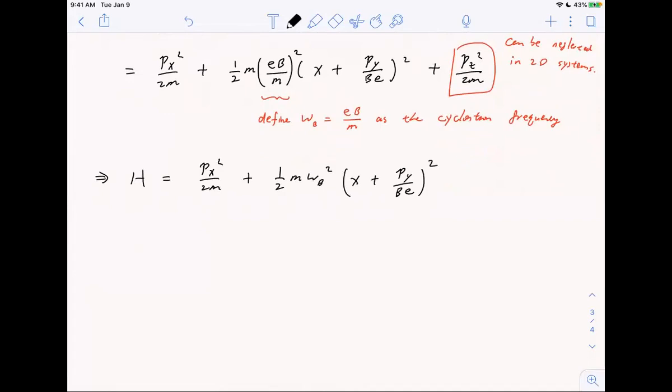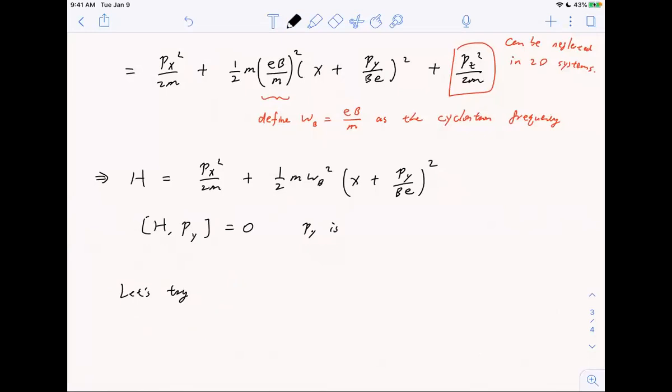So let's try a trial wave function. You need to know that here H commutes with py, so py is a good quantum number.